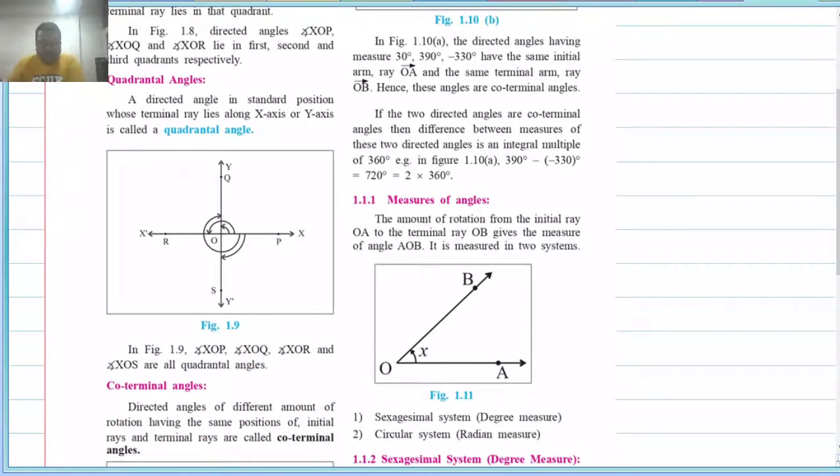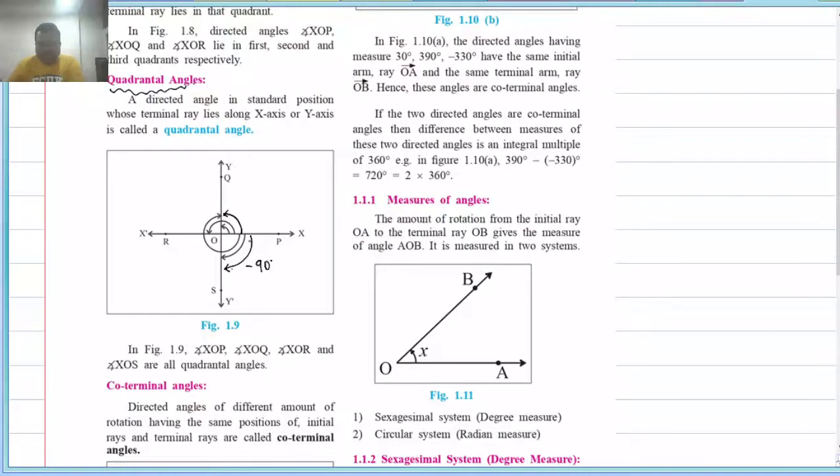suppose to start with, let's consider what are quadrantal angles. So you have angle POQ, which is like this, 90 degrees. Then maybe you have angle POS, which is like this, which is minus 90 degrees.